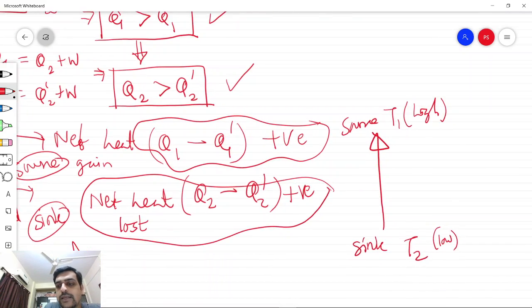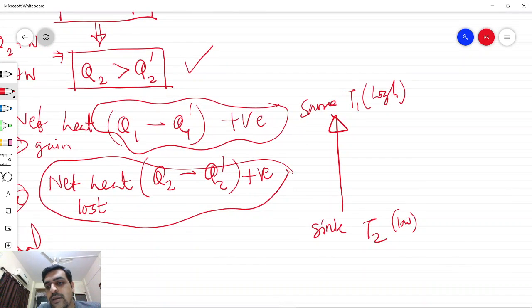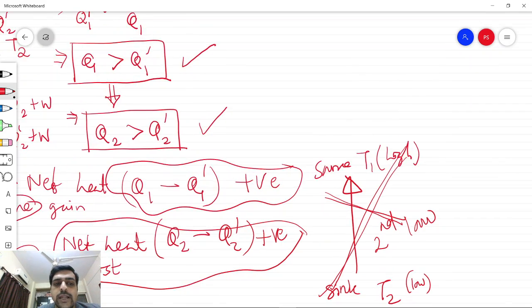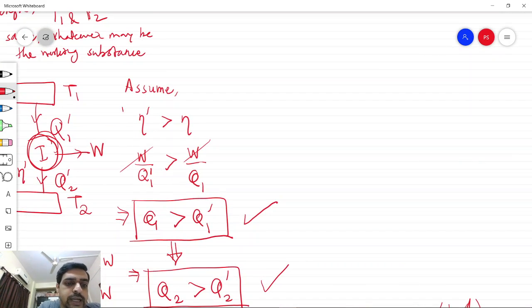And this is not possible because it is in contradiction to the second law. So this process cannot happen. And since this process cannot happen, our initial claim that eta dash is greater than eta is incorrect.